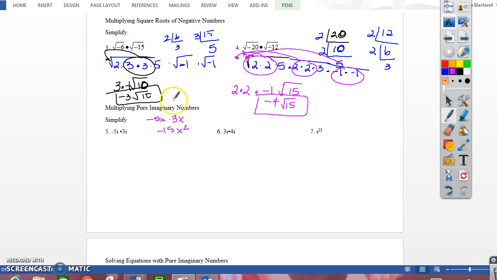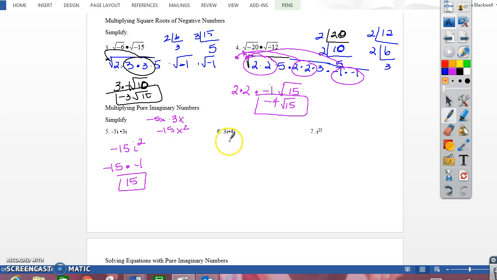And we would leave it alone. But here, i means something. So I'm going to do negative 5 times 3, which would be negative 15, and i times i is i squared. But we know that i squared from back at the top is the same as negative 1. So I have to look at it as negative 15 times negative 1, which would give me positive 15.